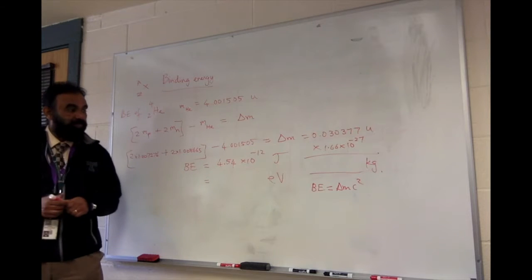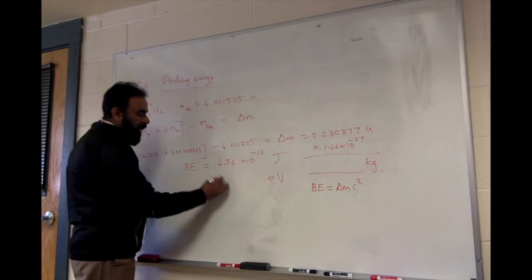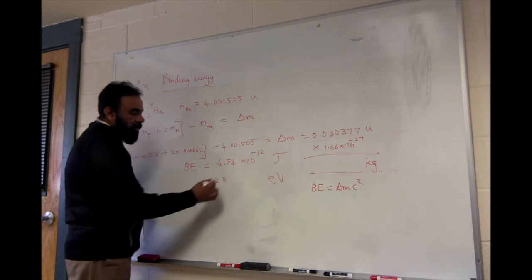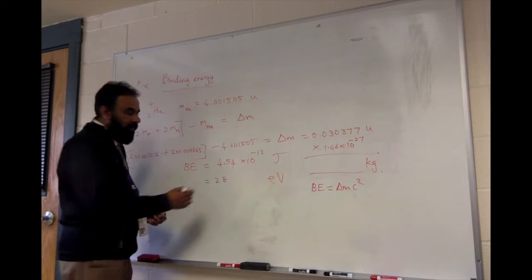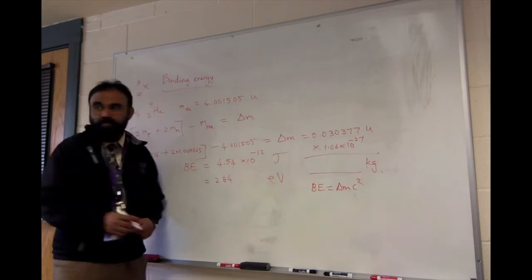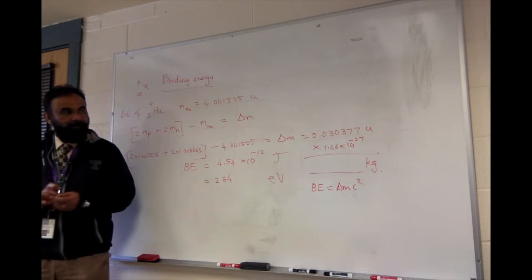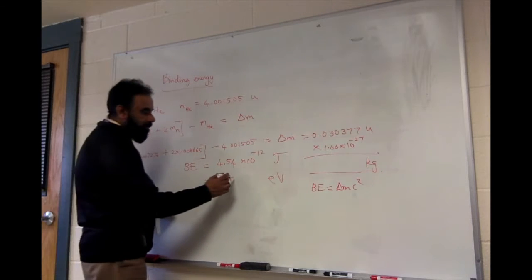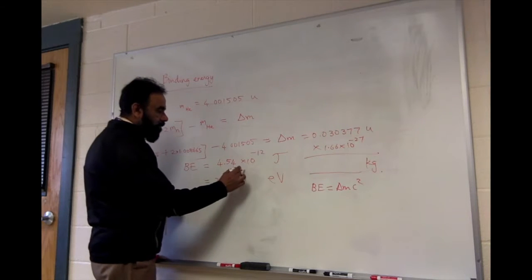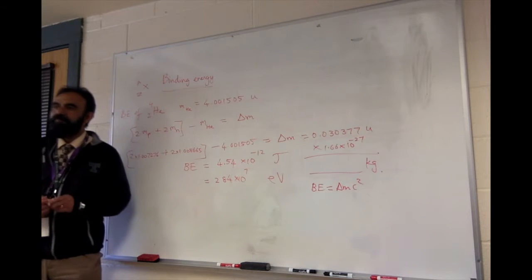How much? 2.8 times 10 to the 7. 2.85? 2.84. Is it 2.84 or 2.85? Good, 2.84. Positive 7, right? Yes.